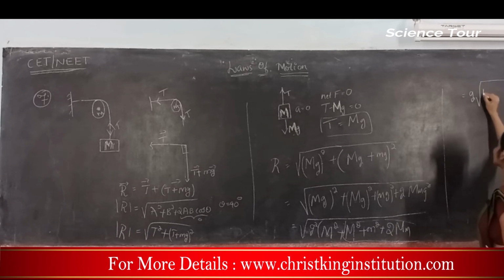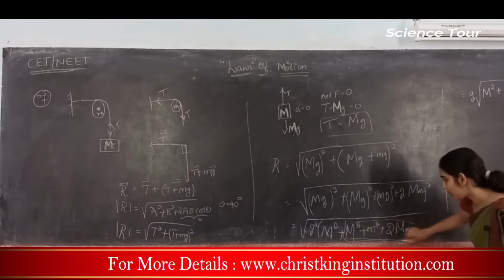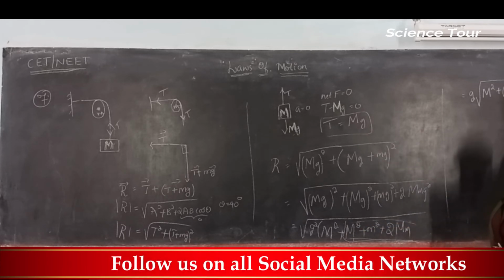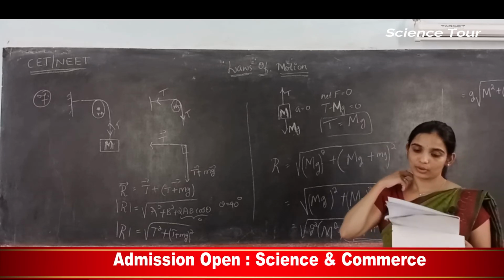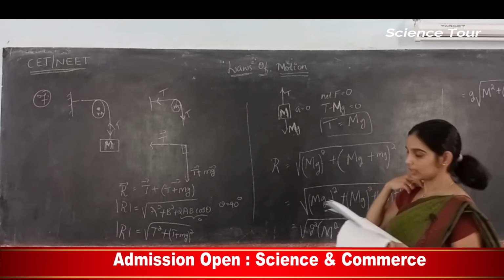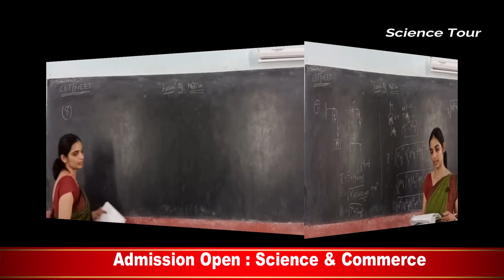So you can write it as capital M plus small m whole square. So do we have this option? Option D, correct. Option D is the right answer.